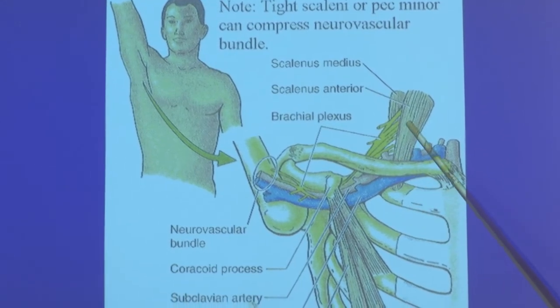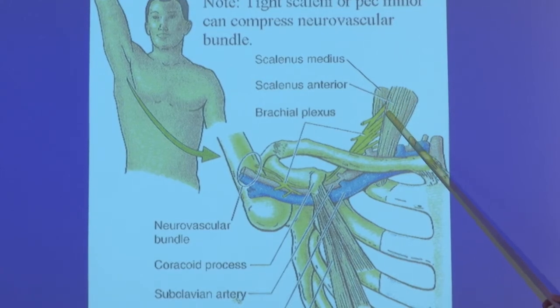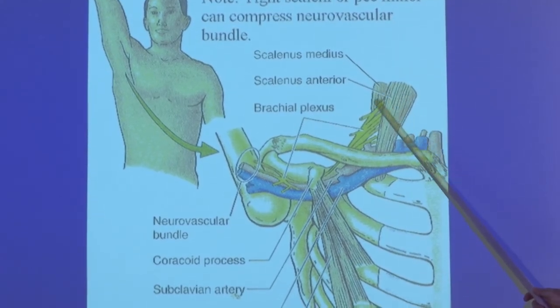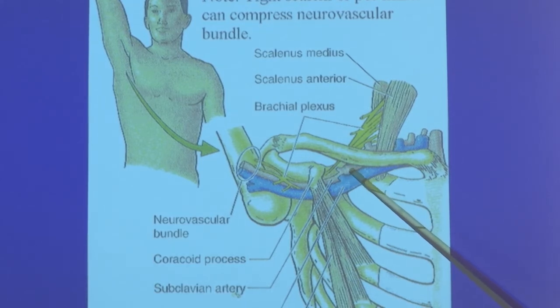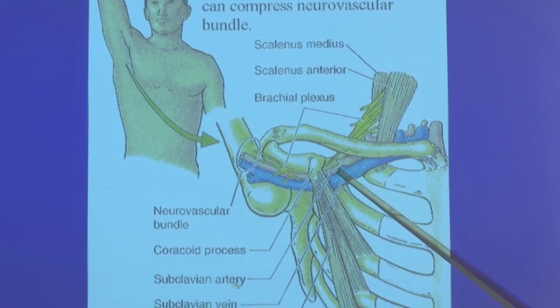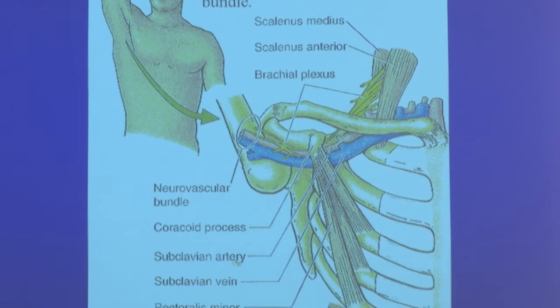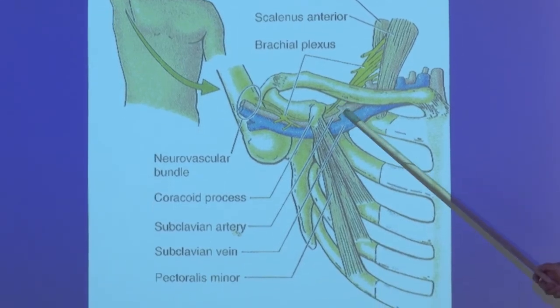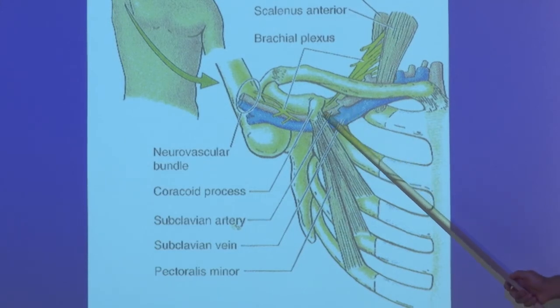So there's three sites. One, again, as it comes through the scalene triangle here, between the anterior and middle scalenes, tight scalene muscles could potentially be a cause. And the second one is in the costoclavicular space. And then if you continue following it down, it's going to go under the pectoralis minor. And that's a third potential site of compression, a tight pec minor, bad posture, rounded shoulders.